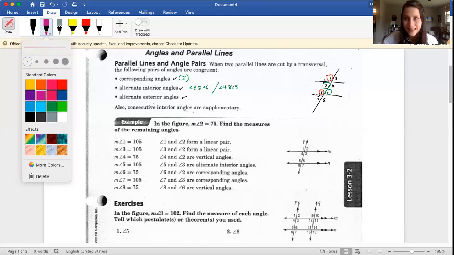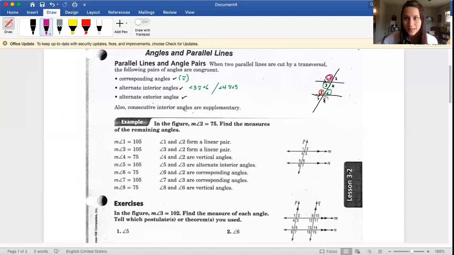Maybe 1 and 8. See how this right here and this right here are the same size. So those are congruent. And then angle 2 and angle 7 would be congruent. So 2 being right here, 7 being right here. Those would all be pairs of angles that have a relationship of being the same.